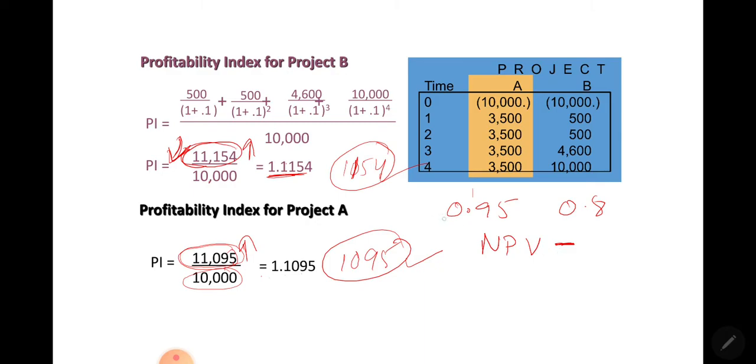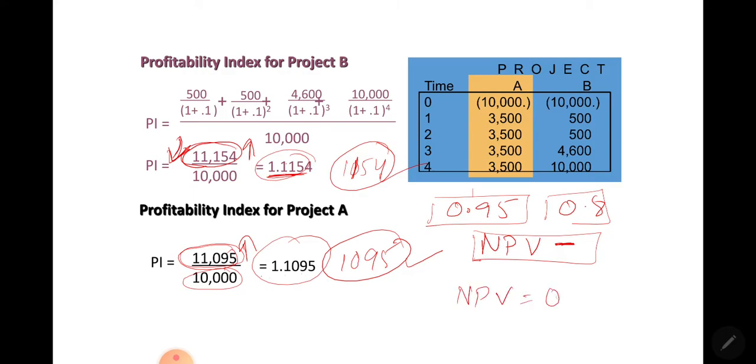So in short, whenever the profitability index is below 1, your NPV is negative. And whenever your answer is greater than 1, which is in this case, your NPV is positive. And when your NPV is 0, your profitability index will be 1.